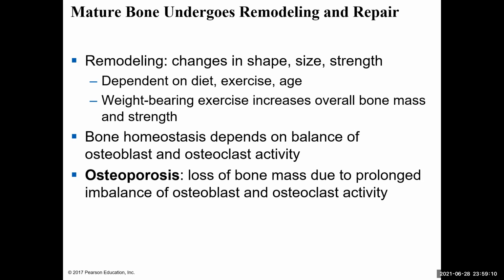Okay, so our bones will remodel and reshape themselves based off of our diets, based off of our age, and exercise. So what forces we're constantly applying to our bones.